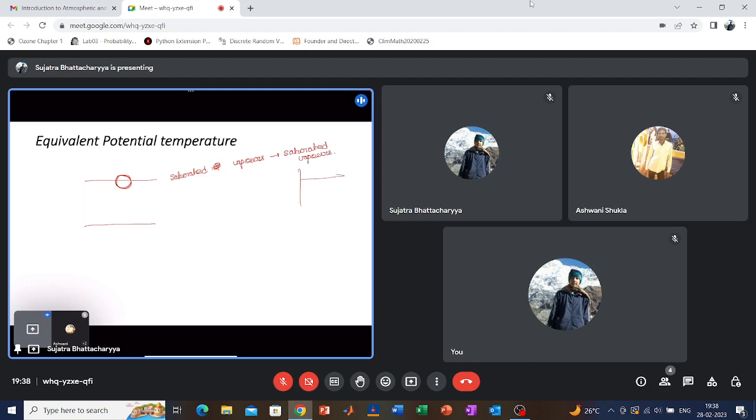Suppose this is a container which is closed. Some temperature is initially there, some water is there, and the air above is free. Now, if you keep the temperature like this, after some time you will see the equilibrium condition, where the rate of condensation becomes equal to the rate of evaporation.